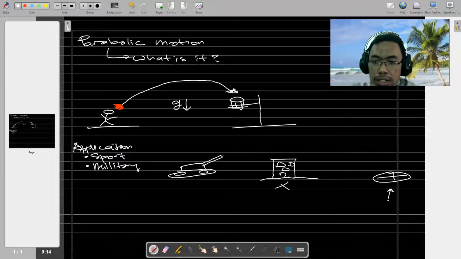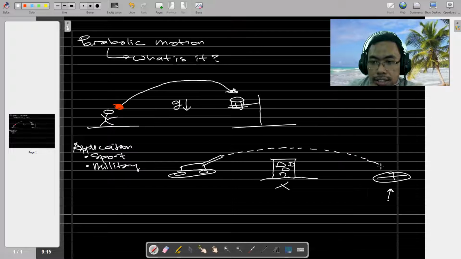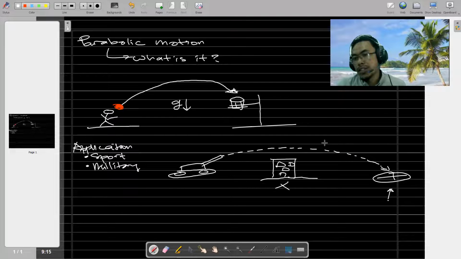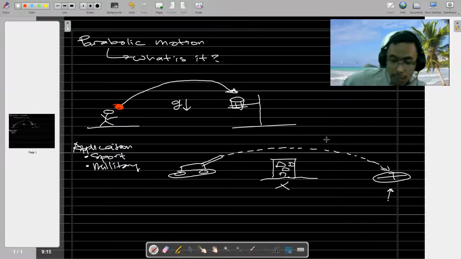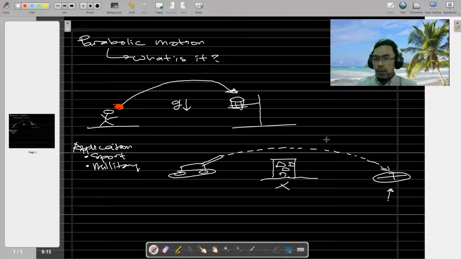So you have to make your bullet have a projectile path in this way. So this is also the use of the parabolic motion concept in the military.